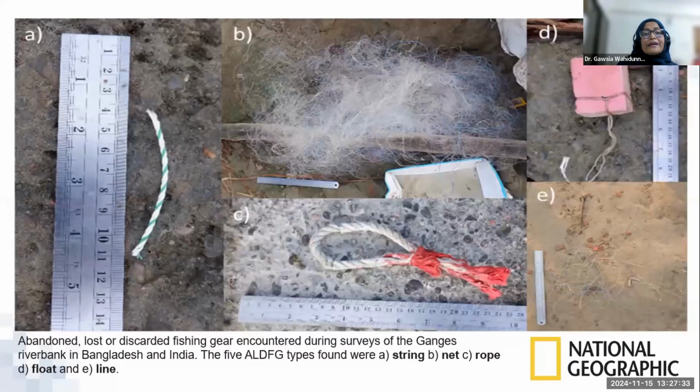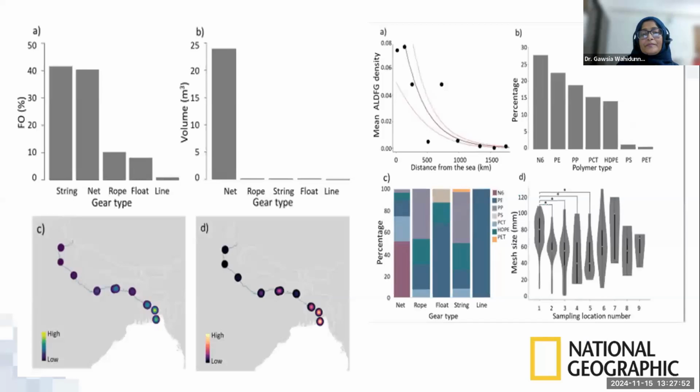And this slide shows the abandoned, lost, and otherwise discarded fishing gears we encountered during the survey. We identified ropes, nets, strings, floats, and fishing line.